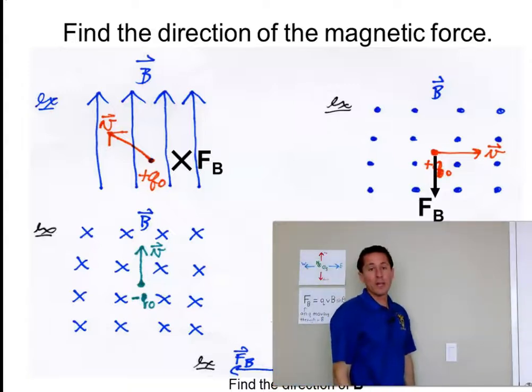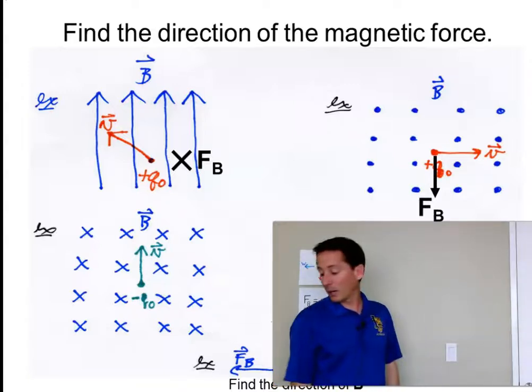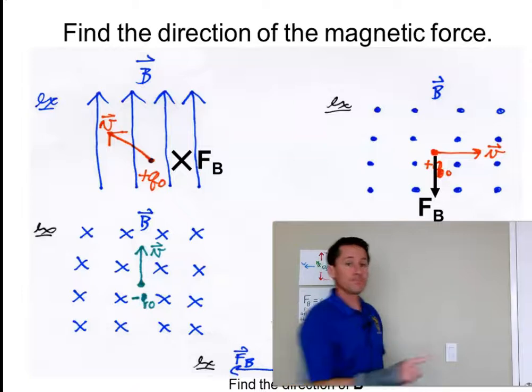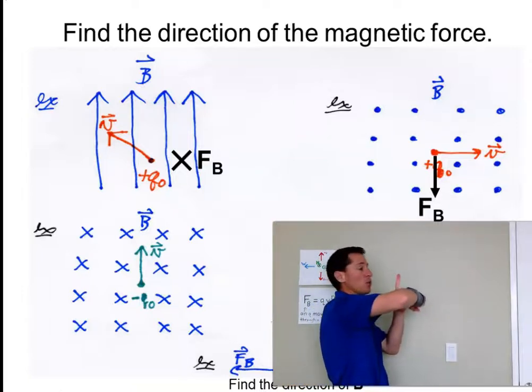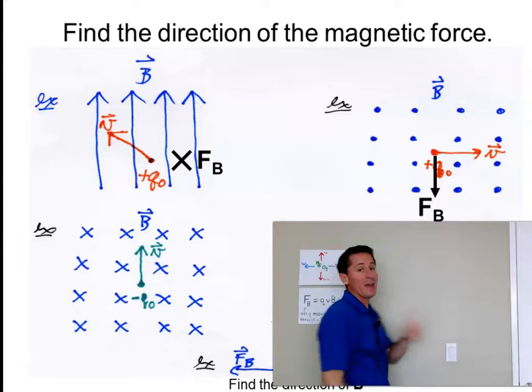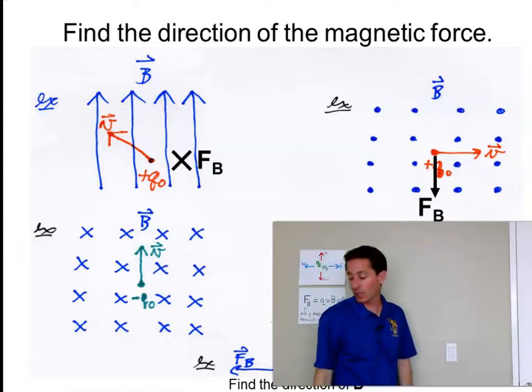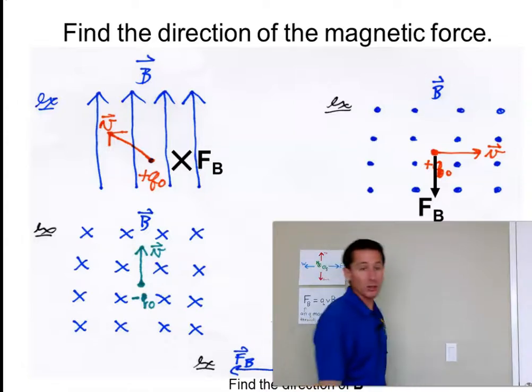Next one, the velocity is going page up, and the magnetic field is X's away from us. So what directions are perpendicular both to page up and into the page? It's right or left. This is a minus charge, a minus Q naught. So I'm going to choose to use my left hand.